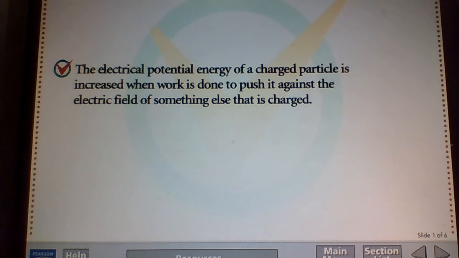And so as it's wanting to push away, the harder I'm pushing on it, the more work I'm doing to it, the more electric potential energy it is picking up. Then if I let that proton go, it would fly back away. It would pick up the electric potential energy that I gave it and turn it into kinetic energy and push it back away.